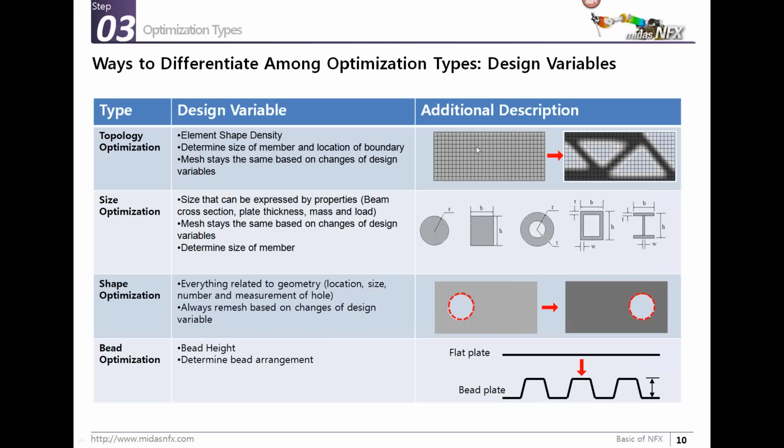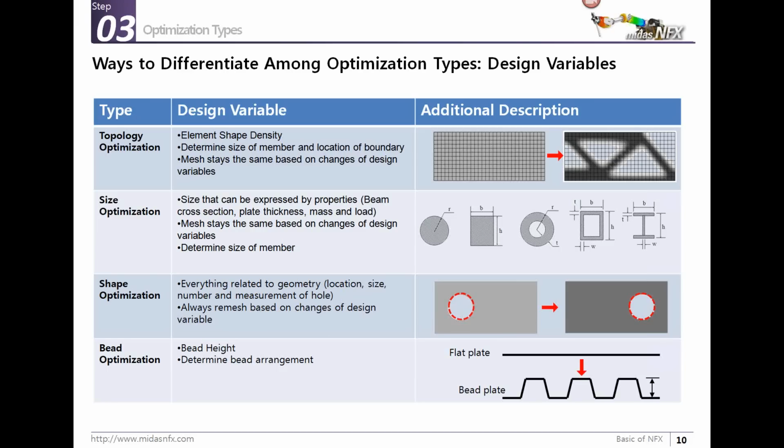I'll talk about how it works right after. Actually the mesh size doesn't change, so it stays the same, and you get the new area based on the mesh density.